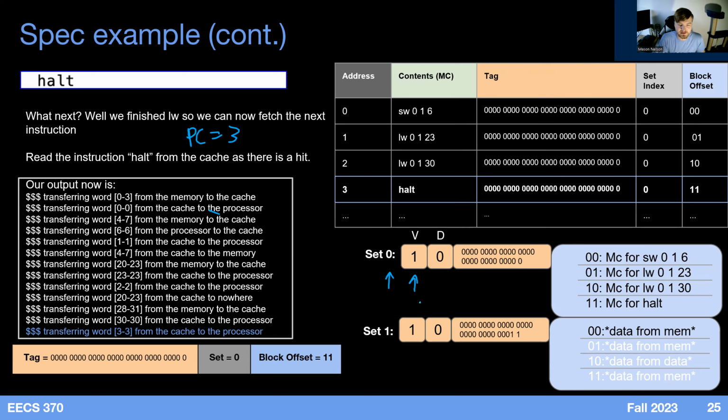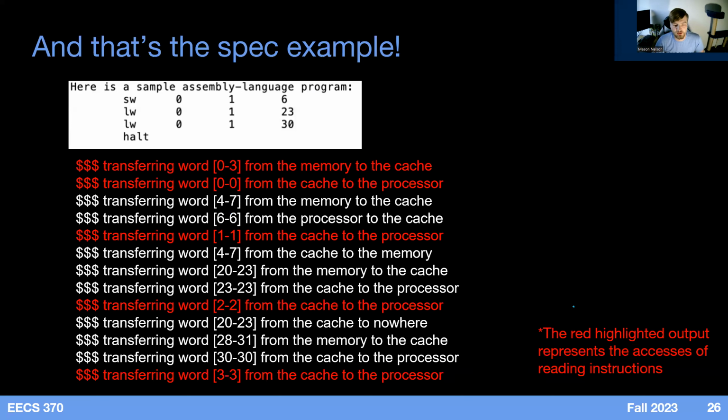We'll check the valid bit. It is a 1. And then we'll check the tag to match, and it does match, because it's equal to the one we're looking for, which is 0. So we can index directly into it. We've gotten a hit, and we can return the machine code for the halt to the processor. And once the processor receives that, it will be done. And so our program is over.